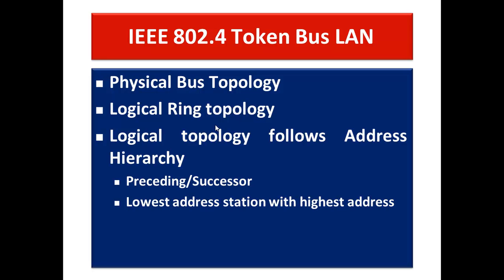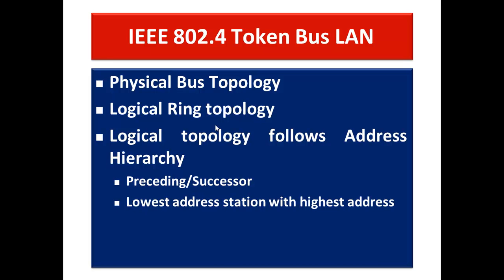So how are you going to circulate your tokens? In a token ring, you are physically connected to the next station, and you are physically connected to the previous station in a ring manner. So you don't need to put the address of who's going to be the next station to get the token. You typically pass the token.